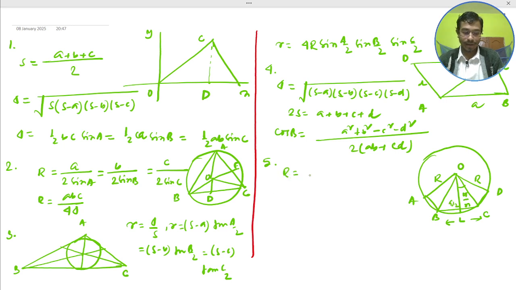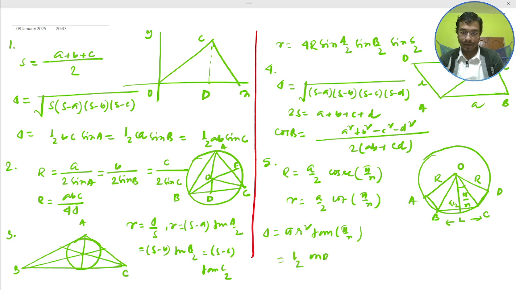So here the R would become a by 2 cosec π by n, and the smaller radius r would become a by 2 cot π by n, and area of polygon is n r² tan π by n, very important for your JEE Advanced, and half n R² sin 2π by n.